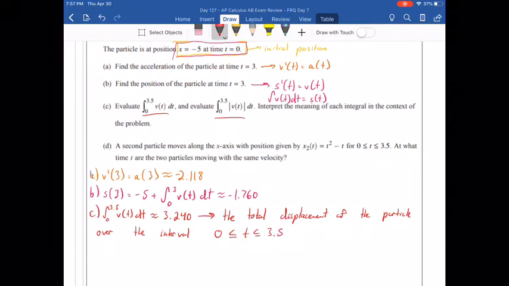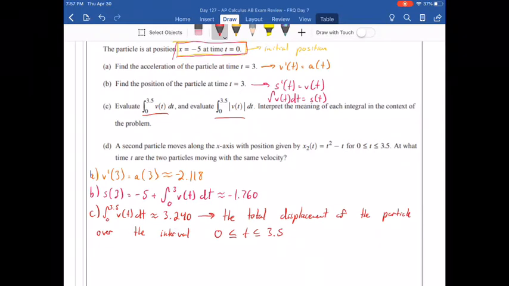In other words, think of this as the change in position of the particle from 0 to 3.5. So from 0 to 3.5, this particle has changed its position in the positive direction 3.240 units. So that's without the absolute value bars.